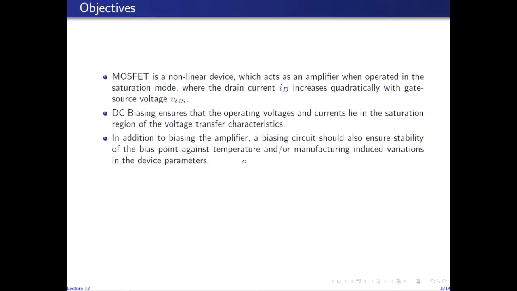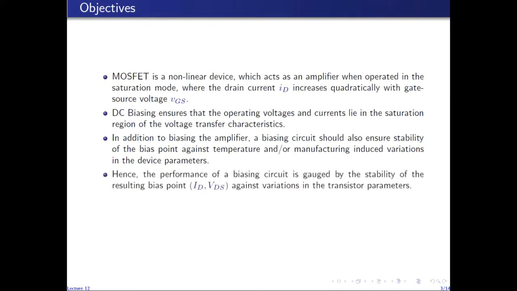These variations could be induced by changes in temperature or by changing the device in the circuit. A good biasing network will ensure high stability of the bias point against these parameter variations of the device. So the performance of any biasing circuit is gauged by the stability of the bias point against such variations.